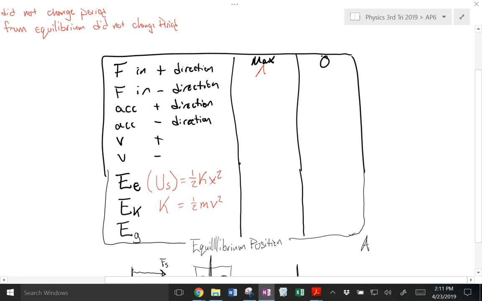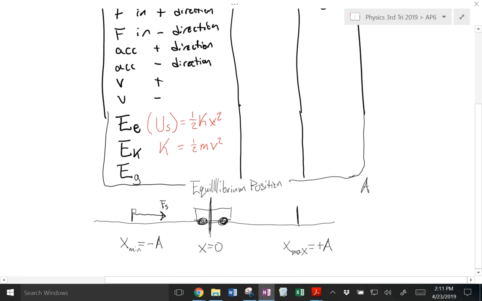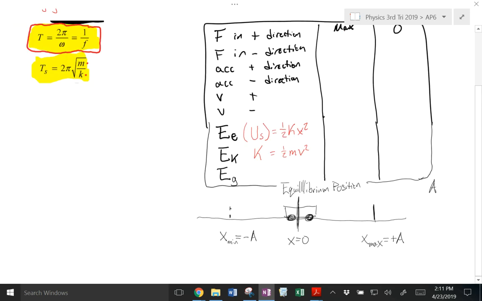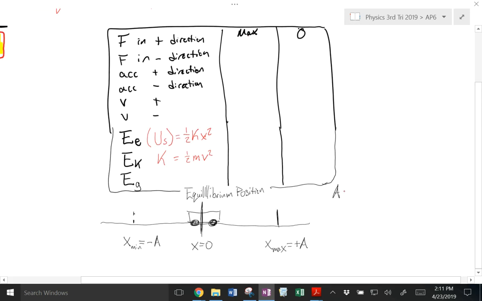I want to introduce you to the concept of amplitude. Amplitude is sort of referring to the maximum displacement from equilibrium.